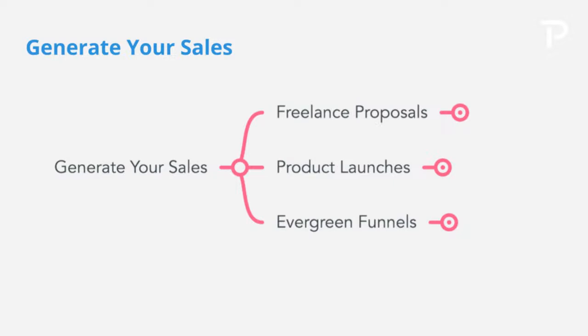So once you know what your customers want, and this is really, really key, you cannot generate sales in a vacuum. You can't generate sales without an audience. So you have to know what your audience wants.